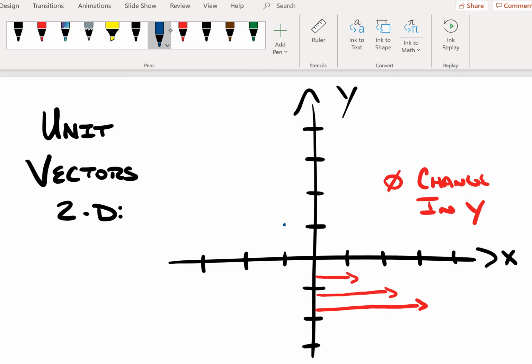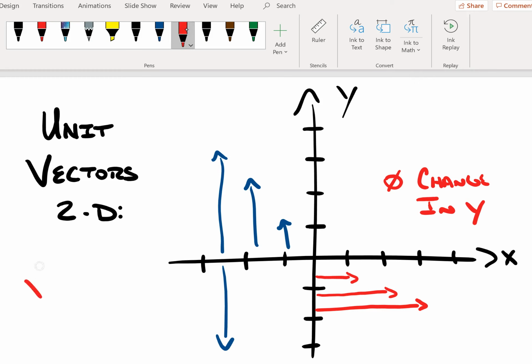Likewise, no matter how much I move along the y-axis, it will not change my position relative to the x-axis, or how far I am left or right on the x-axis. And so in the 2-dimensional case, we have both an x unit vector and a y unit vector.